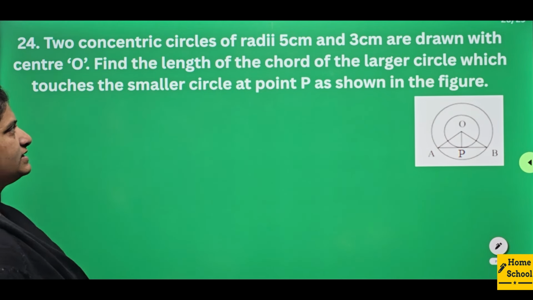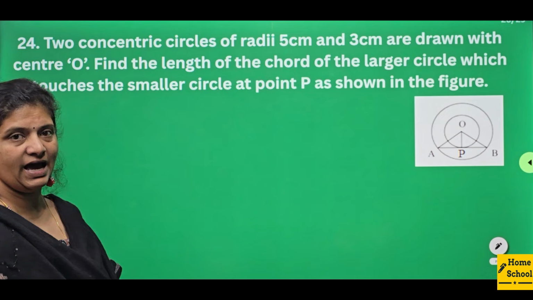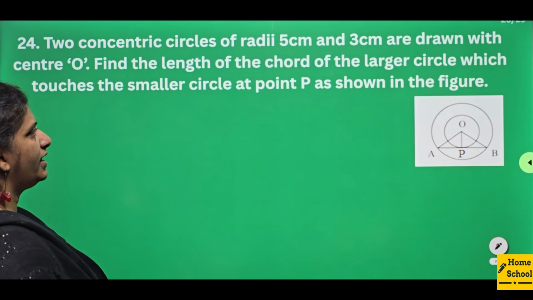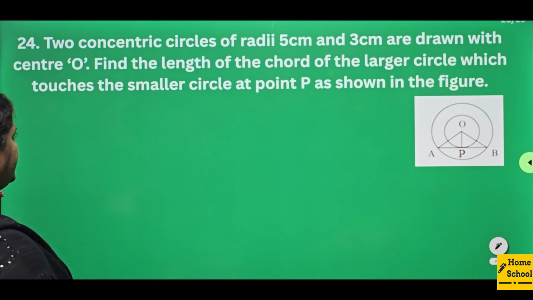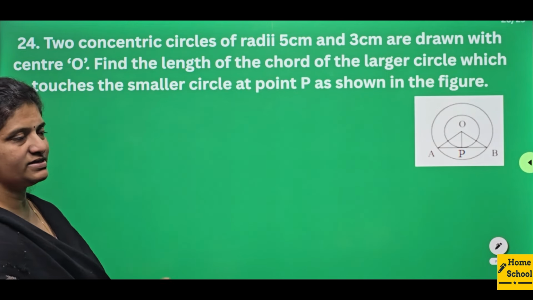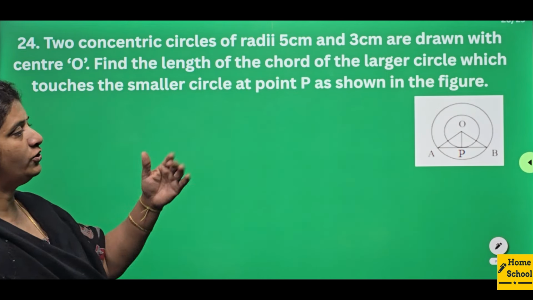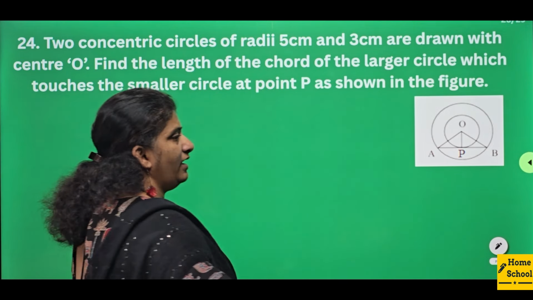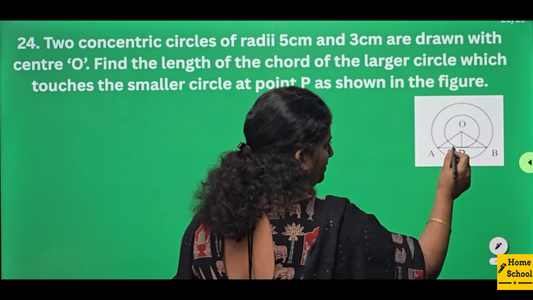Two concentric circles of radii 5 centimeters and 3 centimeters are drawn with center O. Find the length of the chord of the larger circle which touches the smaller circle at point P as shown in the figure. So try to understand properly. There are two circles and they are concentric circles having radii 5 centimeters and 3 centimeters.